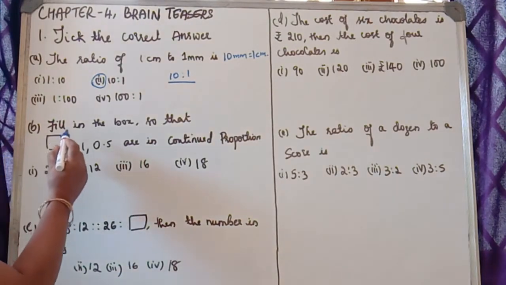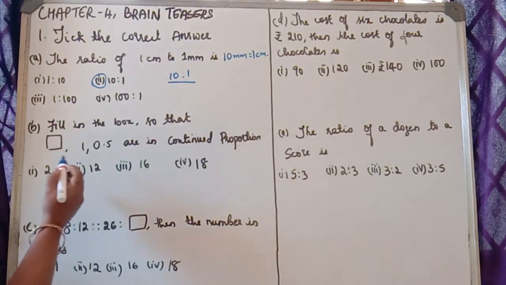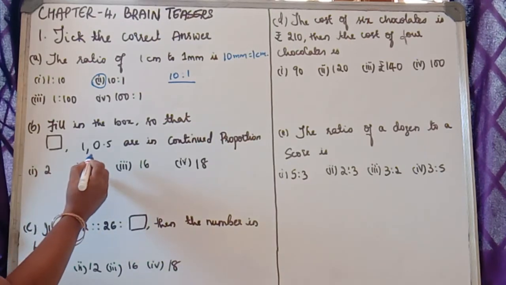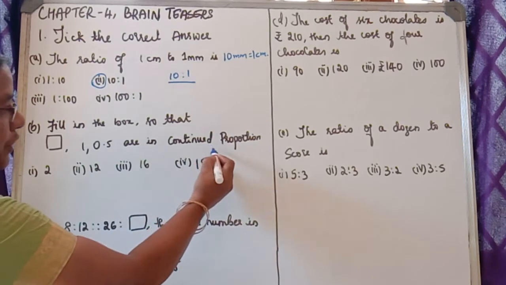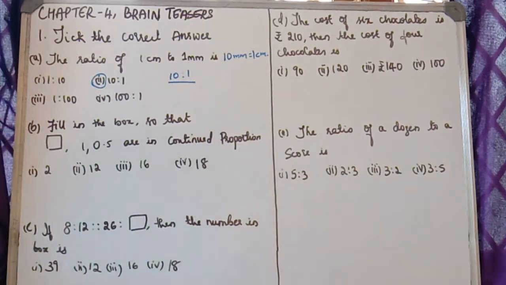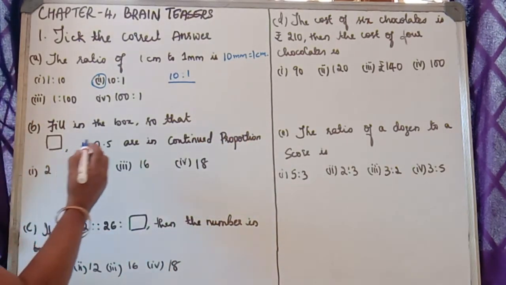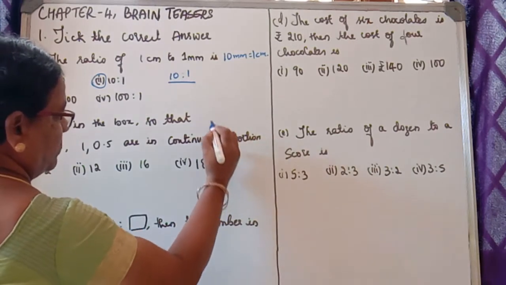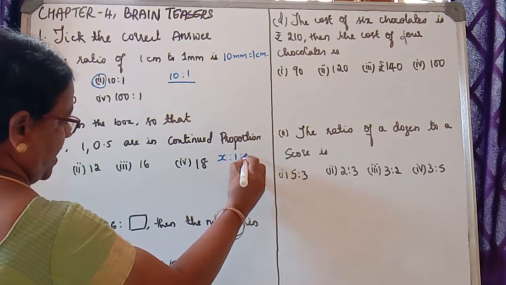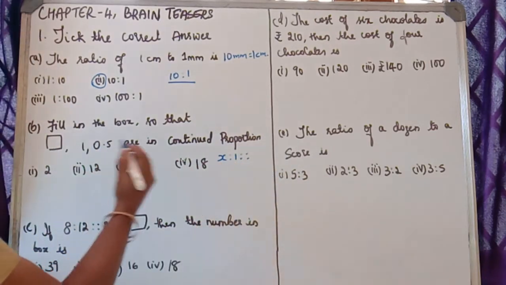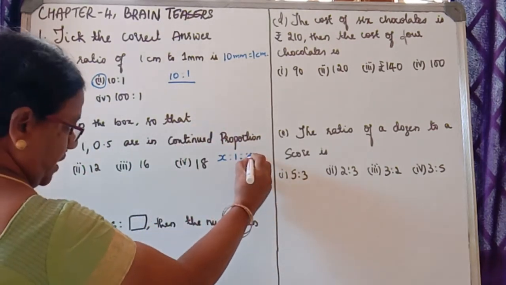The next question, fill in the box so that box, comma, 1, comma, 0.5 are in continued proportion. What is the procedure for continued proportion? The first box we consider as x is to 1. As in continued proportion, the second and third term should be same.